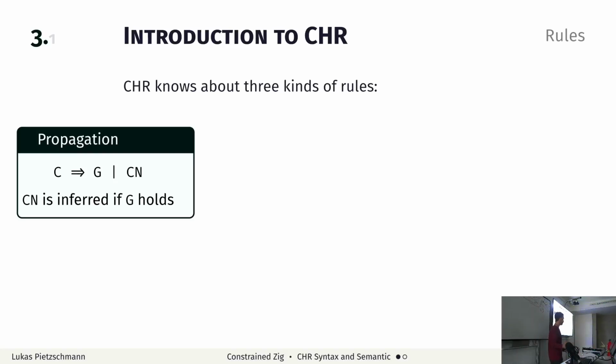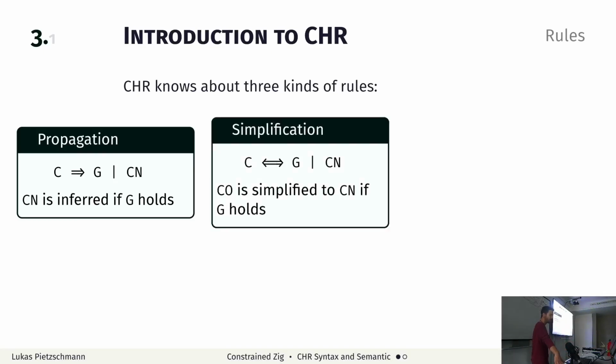But as I said, if we would read the rule in a formal, in a logical sense, the information is nothing new as it's just inferred by what's already there. Then we have a simplification. Simplifications just replace what is in the head with what is here in the body if the guard holds.